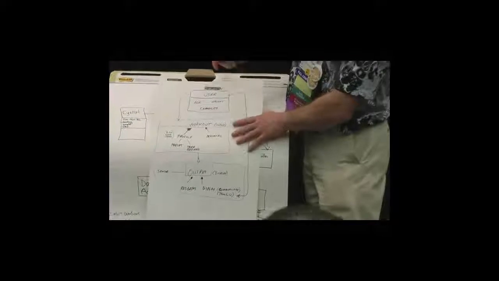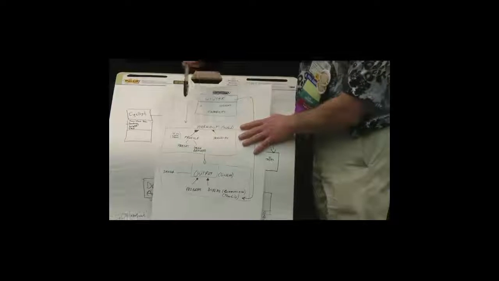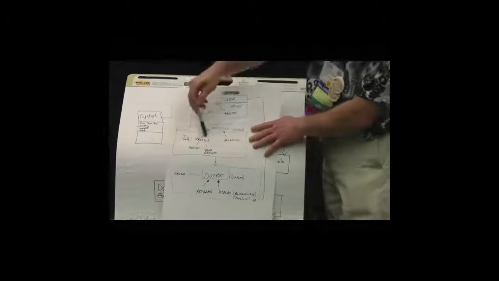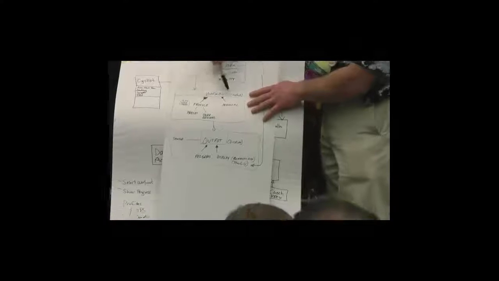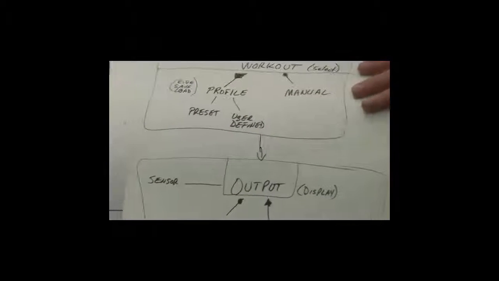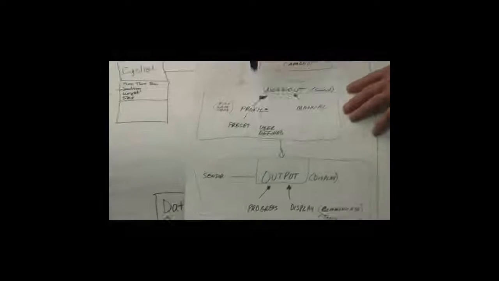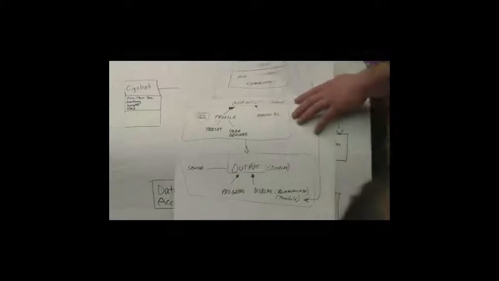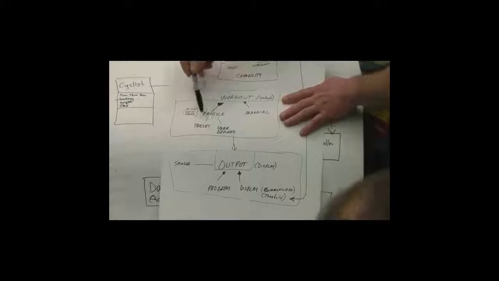In the workout, we said the workout has a profile and it has manual entries. From the profile, we used to have 3. So we do have 2. Sorry, that's why I looked blank, because we did a 3rd round.